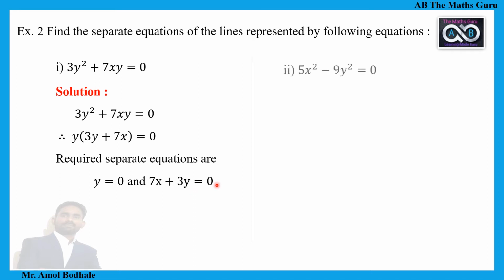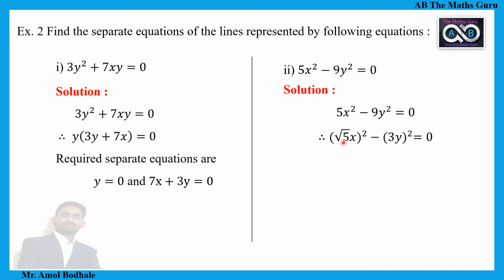Let's see the next example. 5x square minus 9y square equal to 0. The given expression we can write as (square root of 5x) square minus (3y) square equal to 0. We express the given term in the form m square minus n square. As we know, the factors of m square minus n square are (m plus n) into (m minus n).